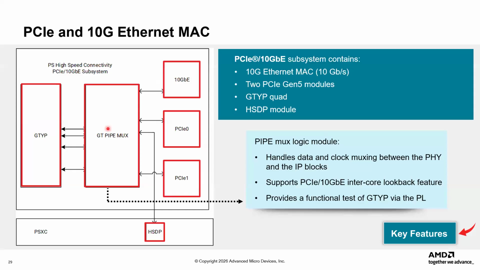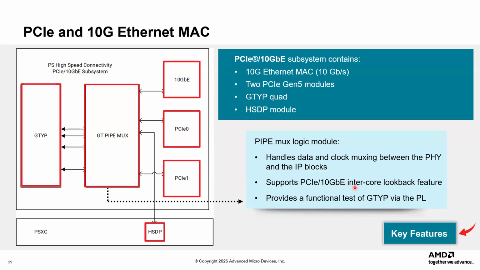You also have support here for the PCIe and the 10 gig Ethernet MAC. So the PCIe, you got two PCIe Gen 5 modules. And so the PCIe is, of course, going to talk directly to the gigabit transceivers, going to talk to each transceiver in that particular quad and give you support for that, along with the pipe MUX logic, which is handling the data and clocking between the individual PHY and then the IP blocks that are actually driving in the data.